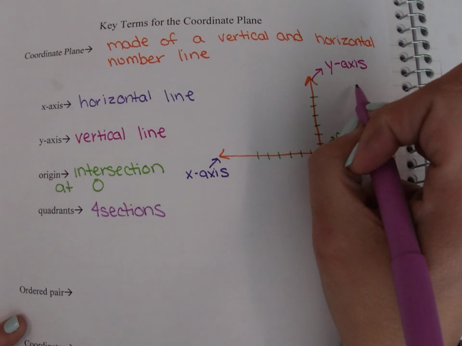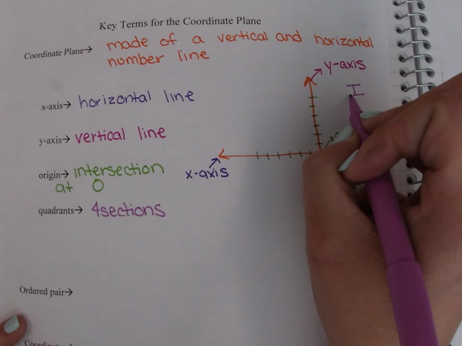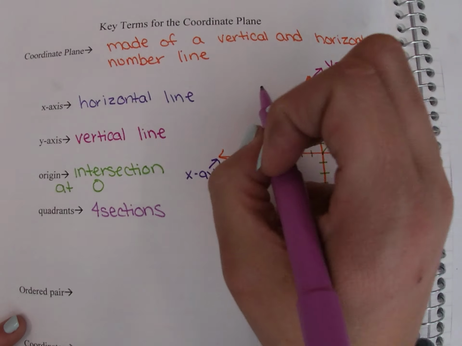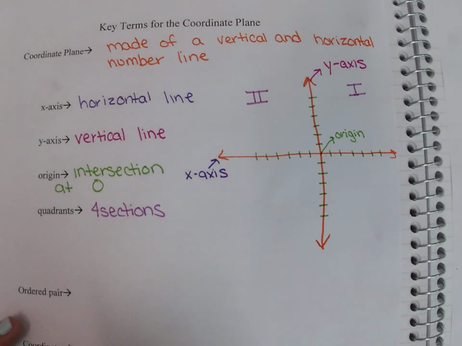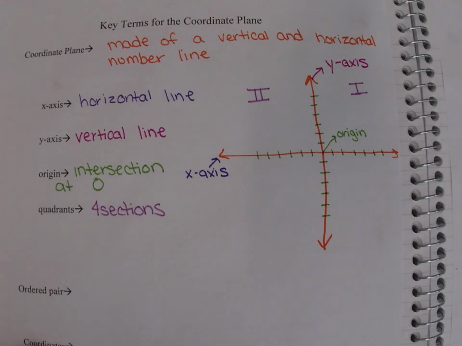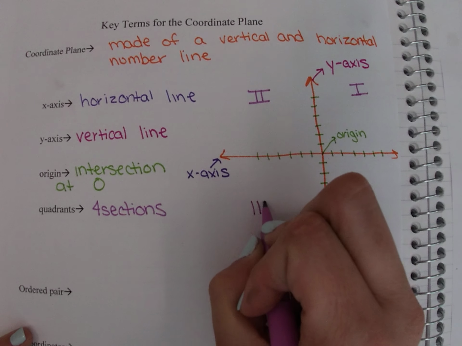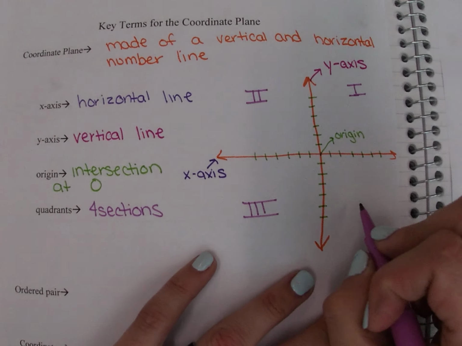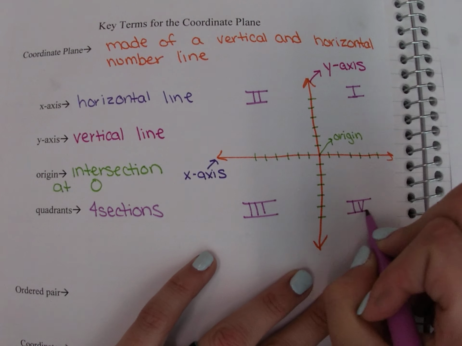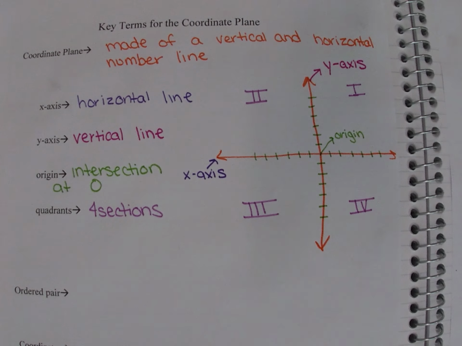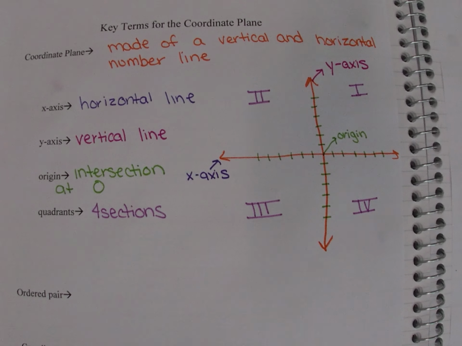So we have quadrant number 1 up here, and that Roman numeral looks like an I. Quadrant 2 looks like a double I. Quadrant 3 looks like a triple I. And quadrant 4 is IV. Okay, so they're going counterclockwise around.